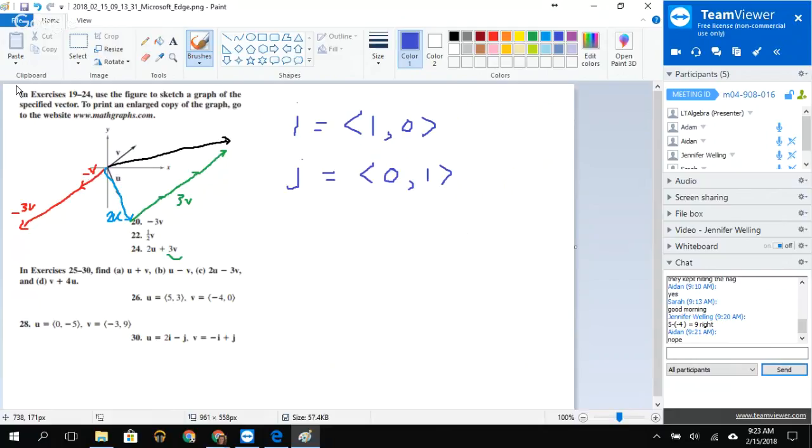I don't know why they picked I, because we have the imaginary number I. This I is not the imaginary number I. So in the book, I think they say that they bold this I and this J when they're talking about vectors versus just a fancy I when they're talking about the imaginary number I. So this I is not the imaginary number. It is a different I that we get to use in math.